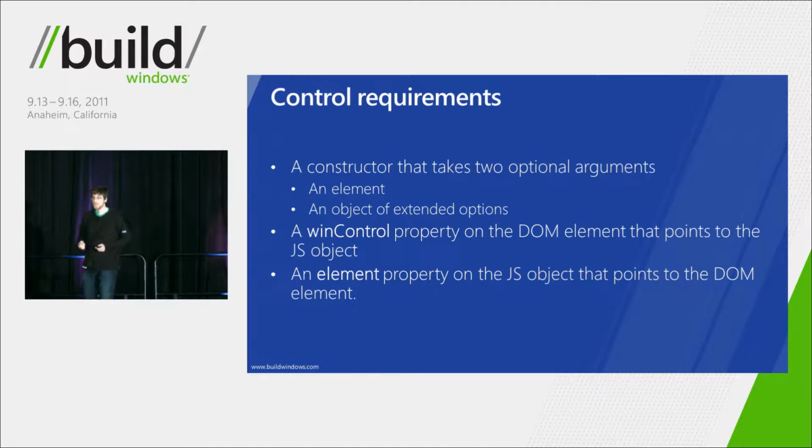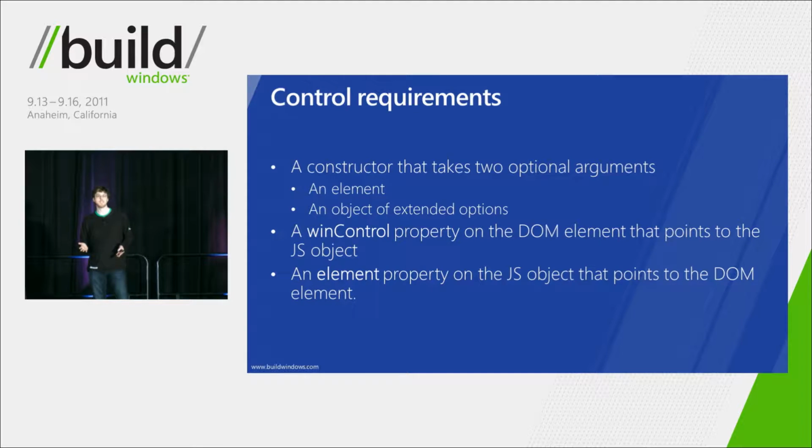And then once you have that object, the way that you tie it back to the DOM is on the DOM element you create or you receive from the user of the control, you just set this winControl property on that. That points back to your JavaScript object. And then on the JavaScript object, you have an element property that points back to the DOM. So you have a nice two-way relationship. And given either side of this, if you just are querying the DOM, getting back the element that hosts the control, you can get to the JavaScript object and vice versa.